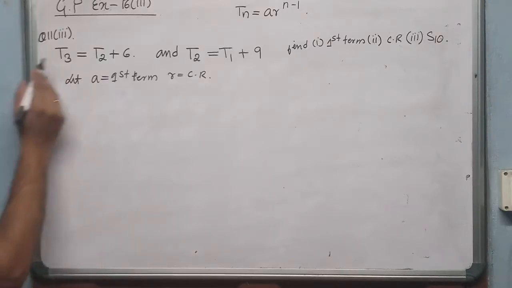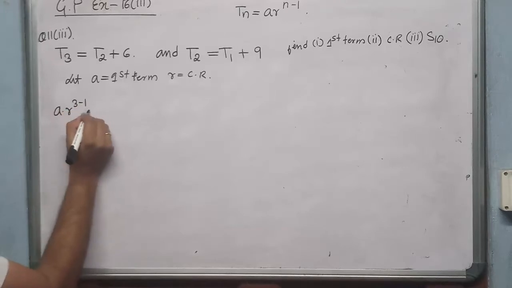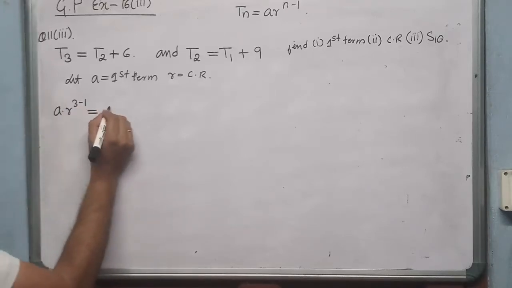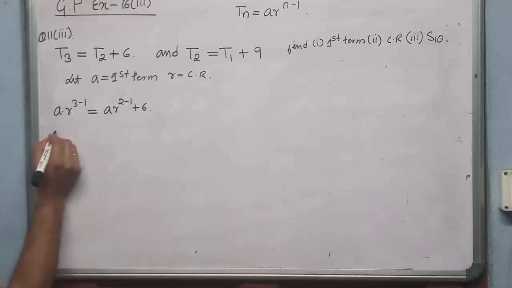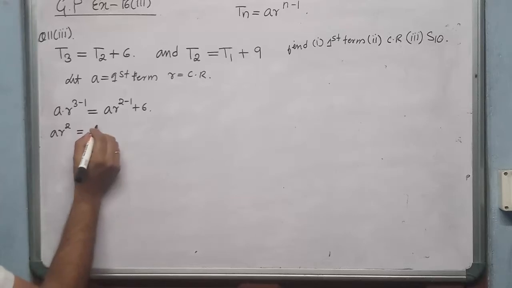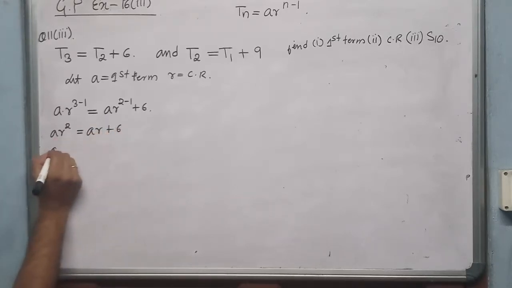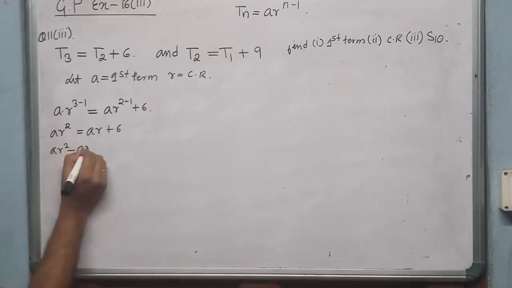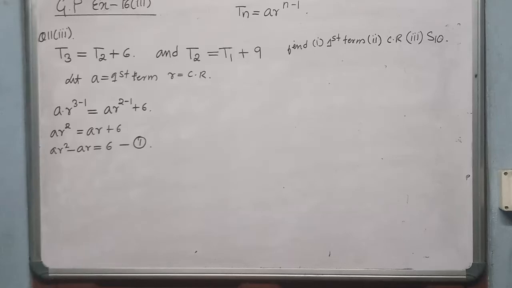And T3 will be A r to the power 3 minus 1, which is equal to T2, A r to the power 2 minus 1, plus 6. After simplification, we'll get A r square is equal to A r plus 6. Now I'll bring this quantity from the left hand side to the right hand side: A r square minus A r equals 6. Let it be equation number 1.